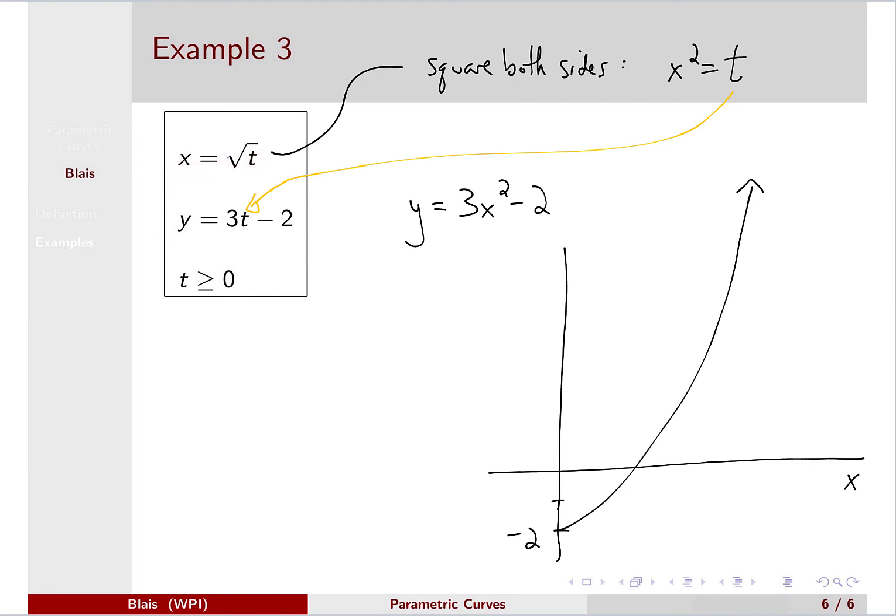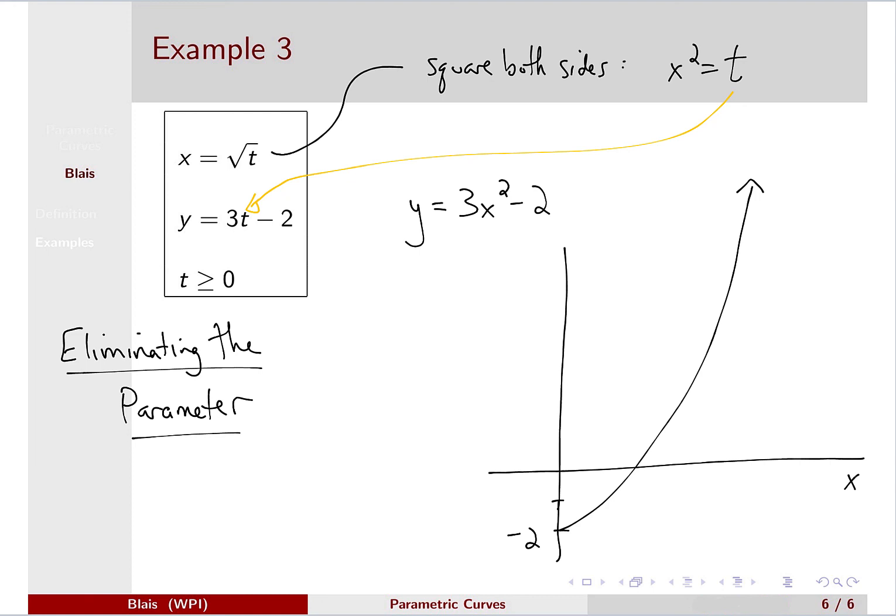And what we've done here is a process called eliminating the parameter. And you can see that if you can eliminate the parameter, we can go back to writing things y as a function of x.